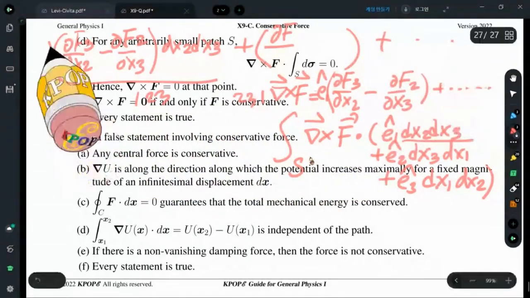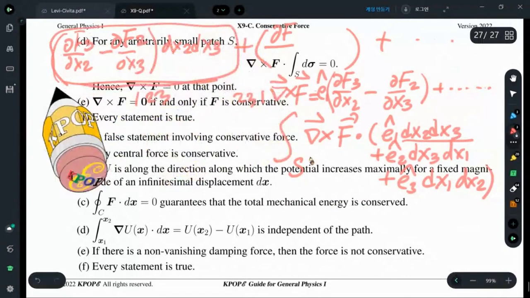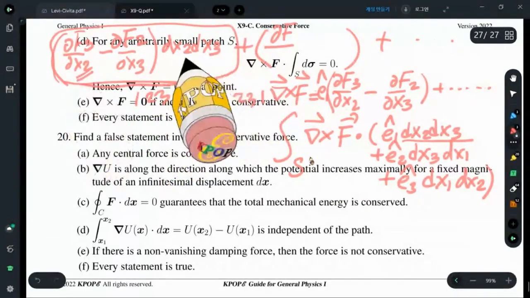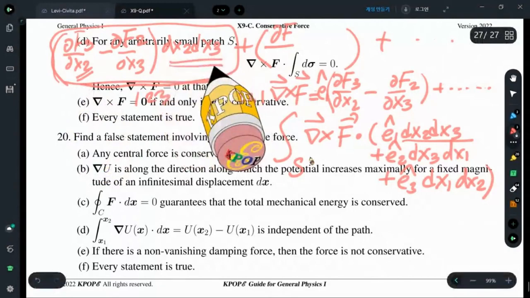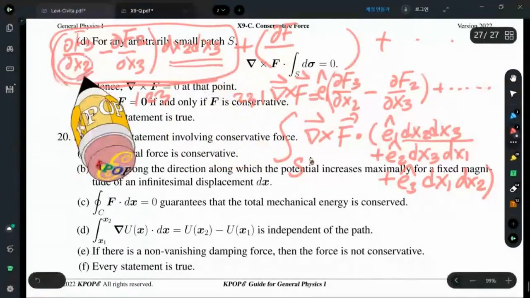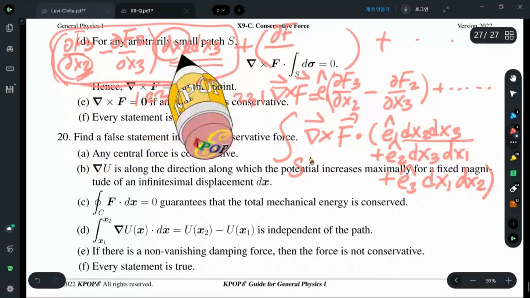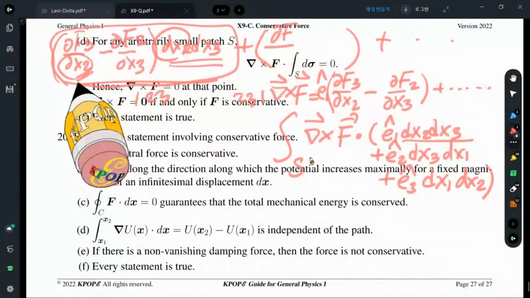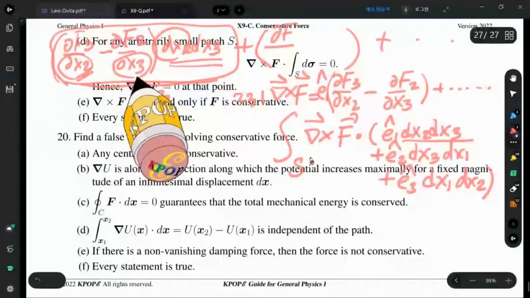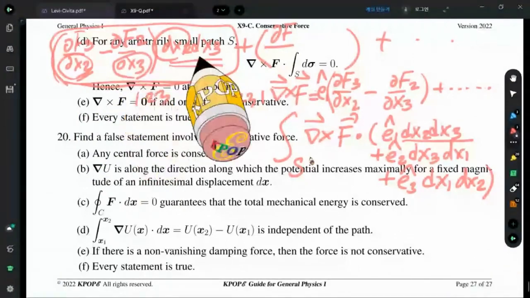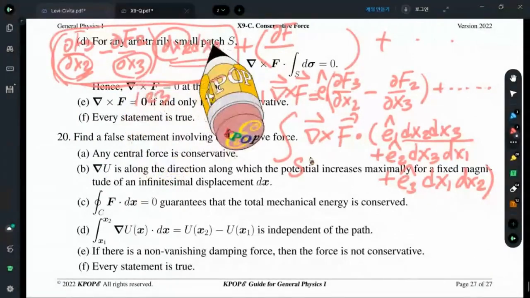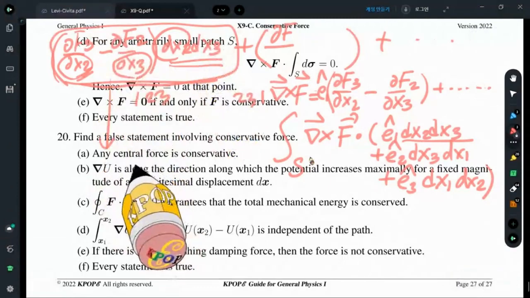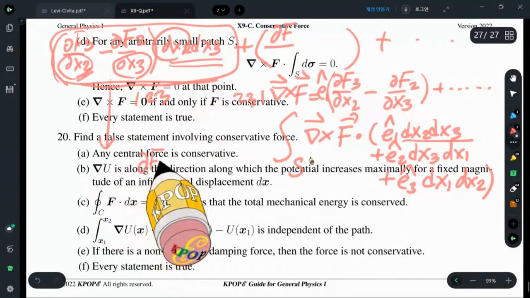So just look at this one only. We have a single derivative, and we have a double integral. I can always remove this x2 integral in the first term. I can remove the x3 integral in the second term. So this result will collapse to something like f.